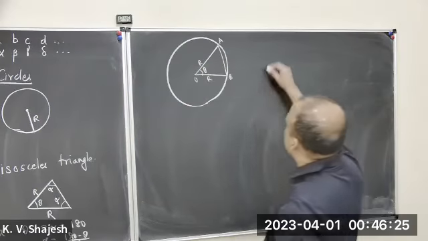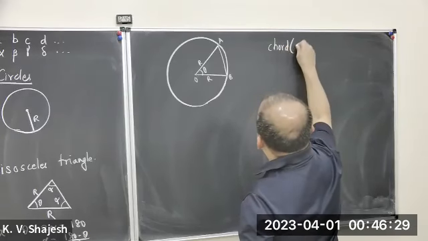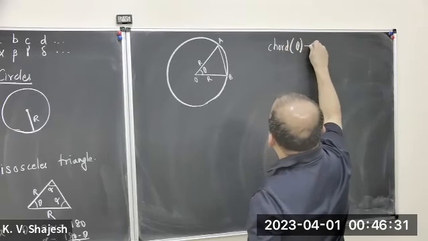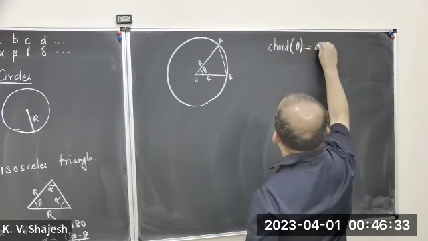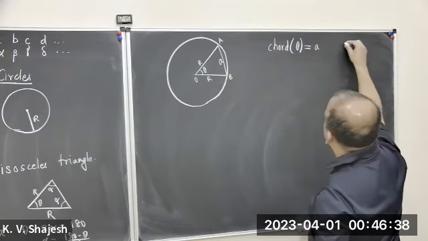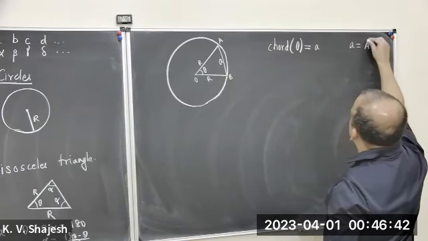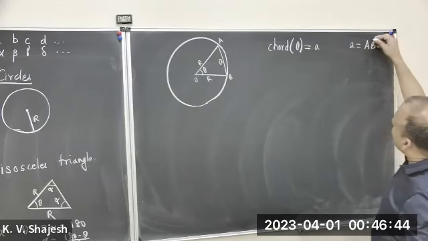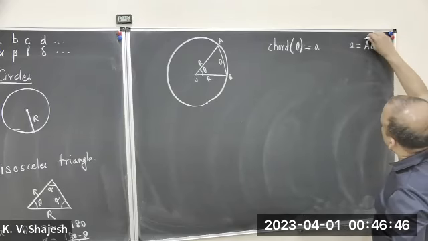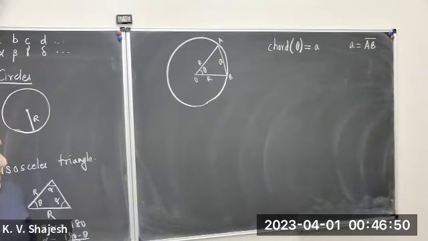What we have defined is that the chord of angle theta is equal to A, that's this distance A. That's AB basically, so A is equal to AB, the line AB. Often in some notations, you draw a line above it to represent the line AB.